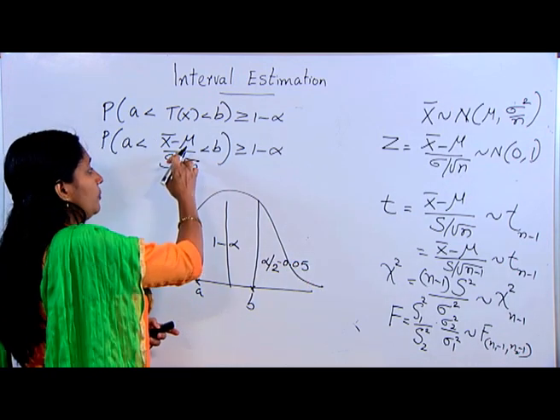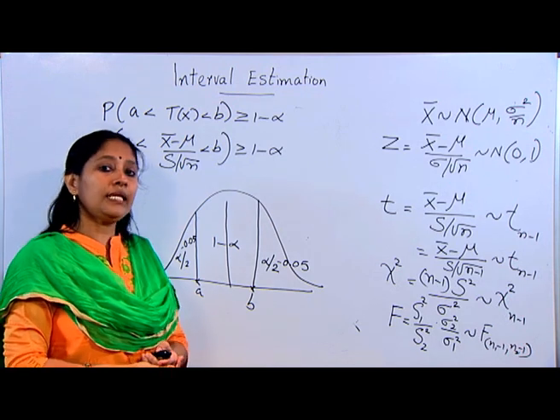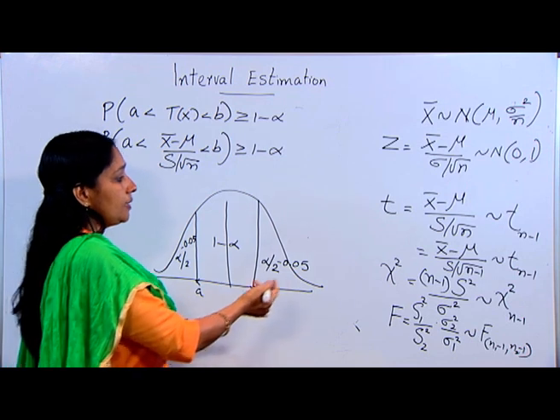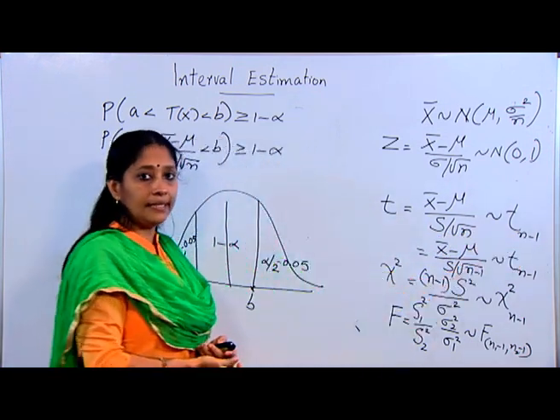But the t distribution has degrees of freedom. So, if you are taking a random sample of 10, then the degrees of freedom of t is n minus 1, that means 9 degrees of freedom.